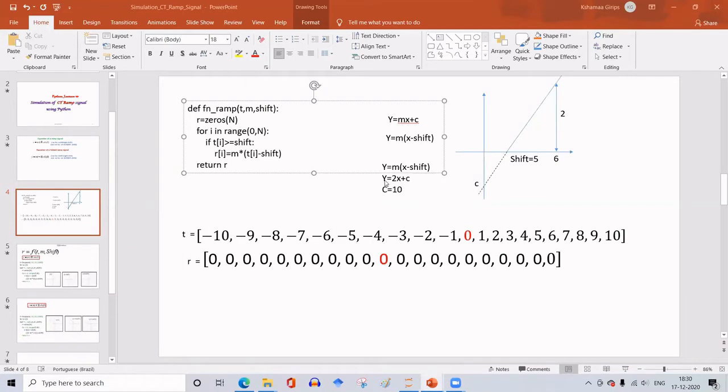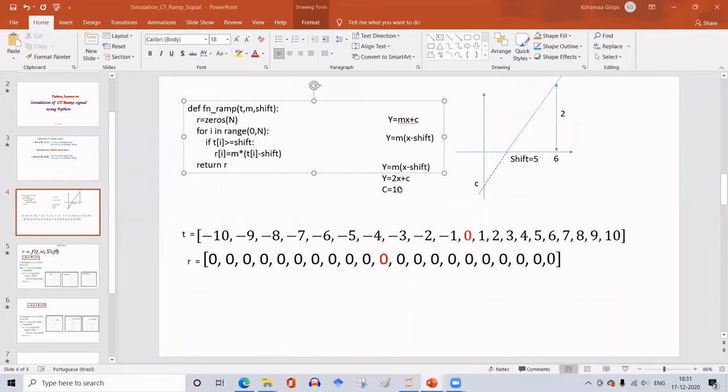So its equation y is equal to 2x plus c. So if you evaluate this for the intercept c, we get the value c is equal to 10. Okay, if you substitute the known values of y and x here, at x is equal to 5, y is equal to 0, so you get c is equal to 10.